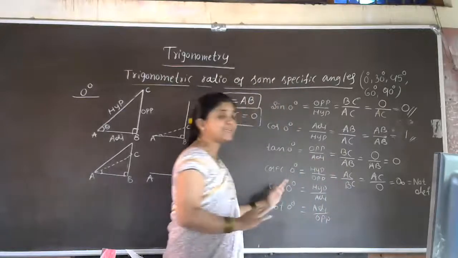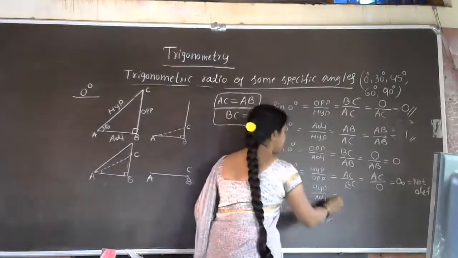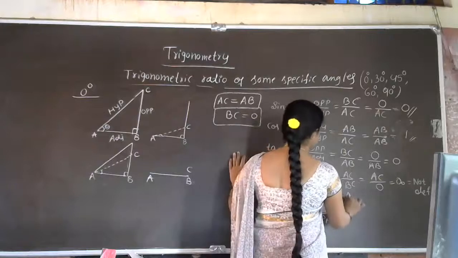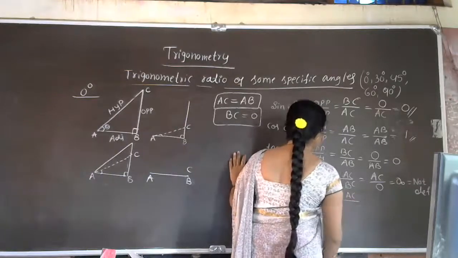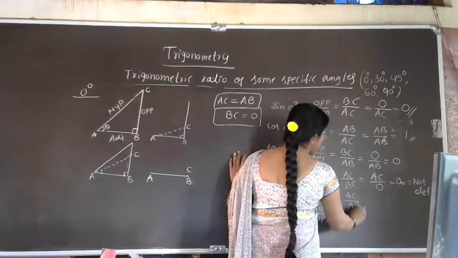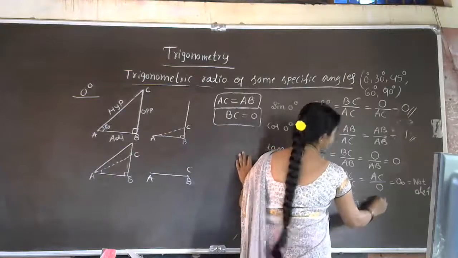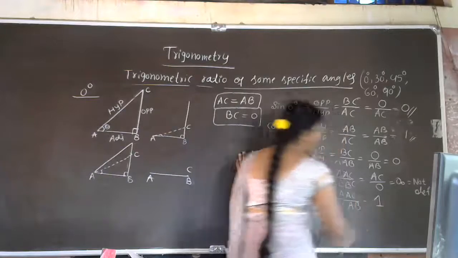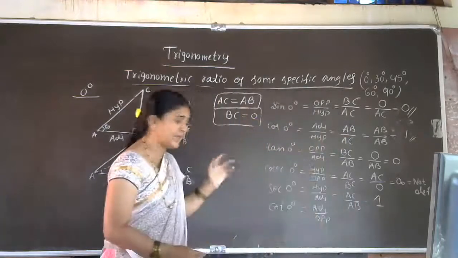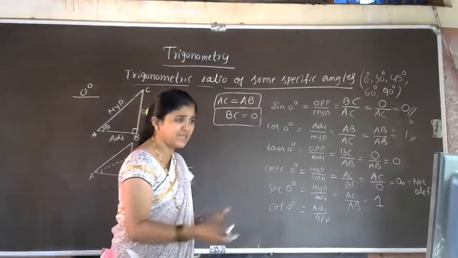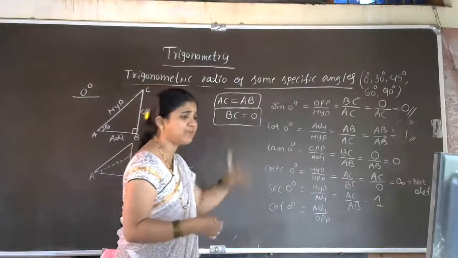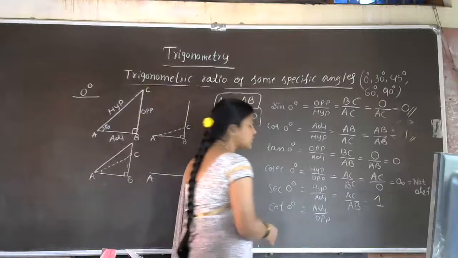We are taking that value as not defined. Next, secant 0. Secant 0 is hypotenuse divided by adjacent. Hypotenuse is AC, adjacent is AB. Again AC is equal to AB, so its value is 1. AC by AB is 1 unit by 1 unit, which is 1 only. Next, cot 0.